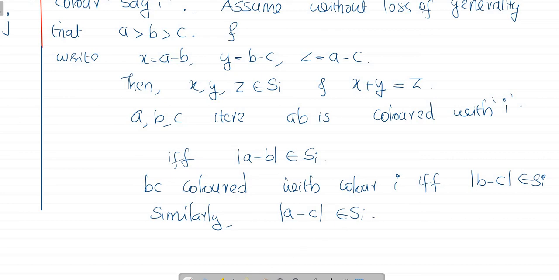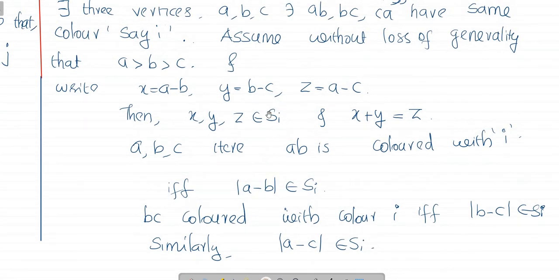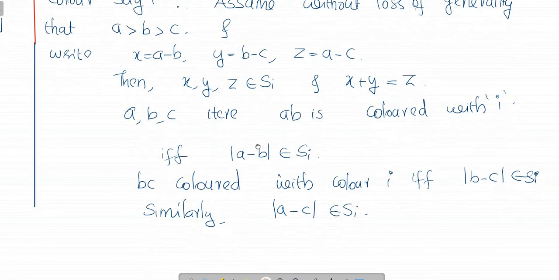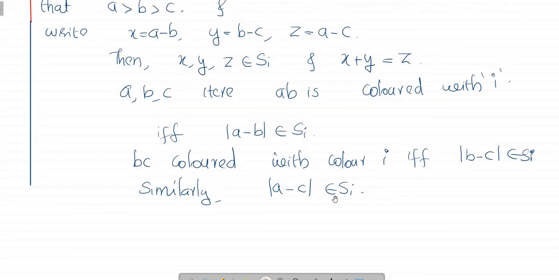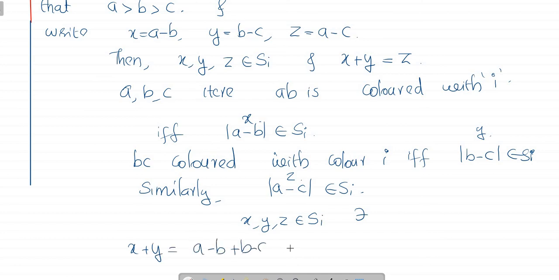So define A minus B equal to x, B minus C as y, and A minus C as z. Then x, y, z belong to Si such that x plus y is equal to, that is, A minus B plus B minus C, which is equal to A minus C, which is equal to z.